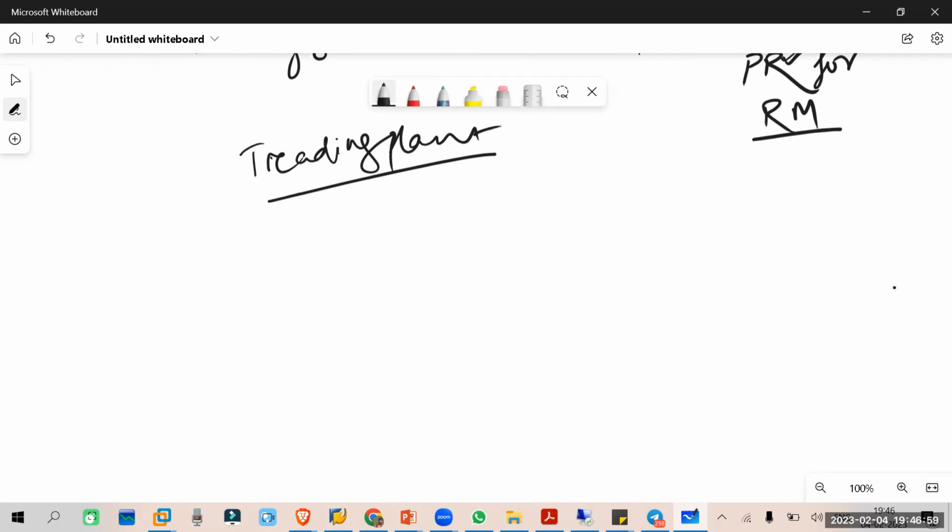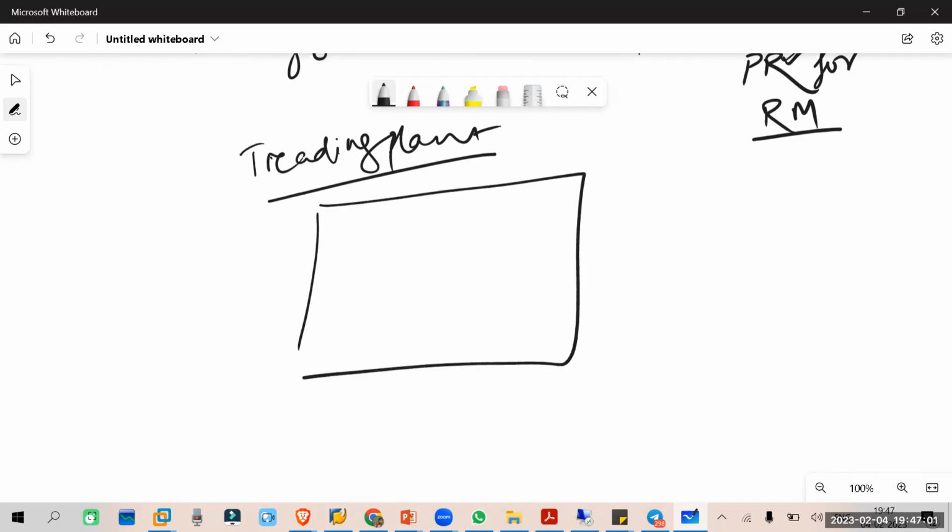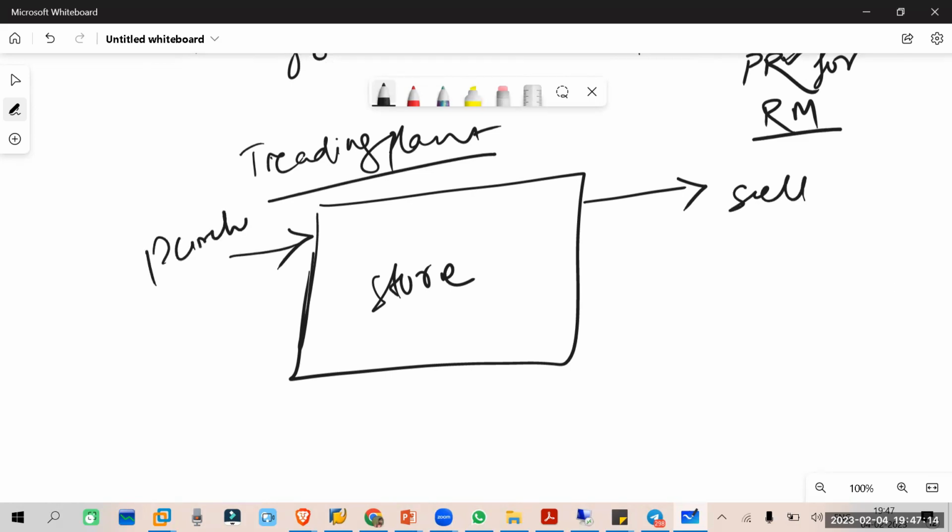They just store the material in the storage location or in the warehouse, and they will sell the material. So they will purchase and they will sell. This is the process.